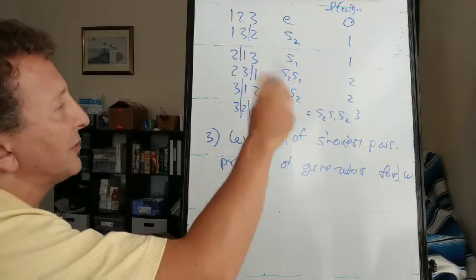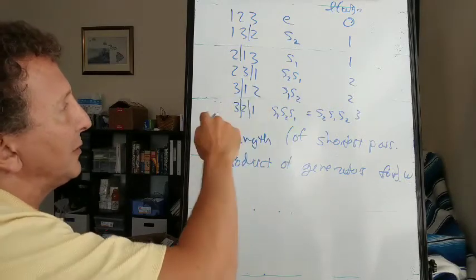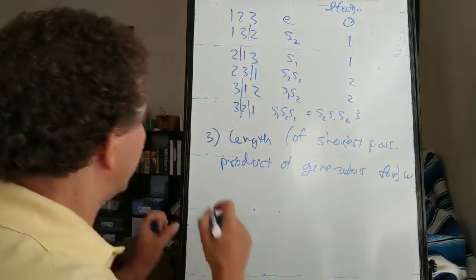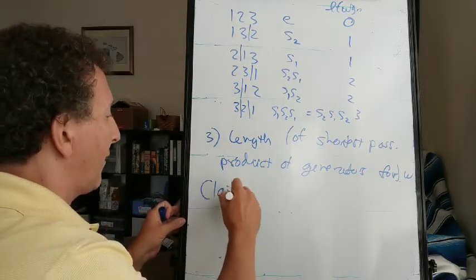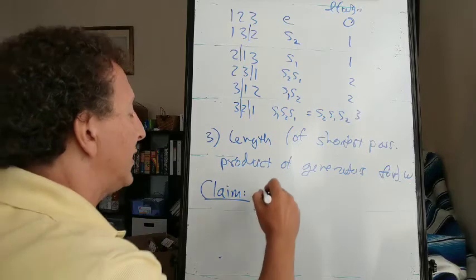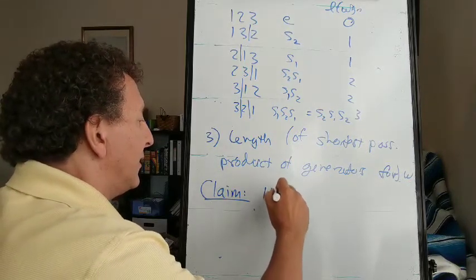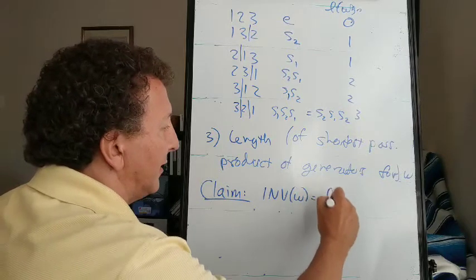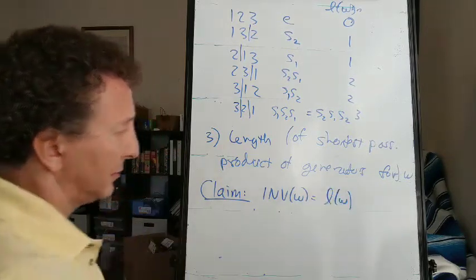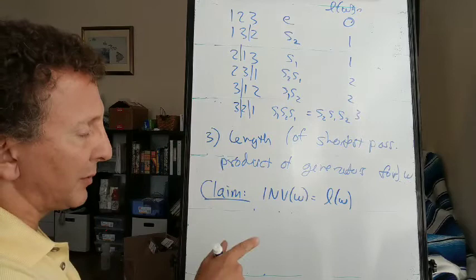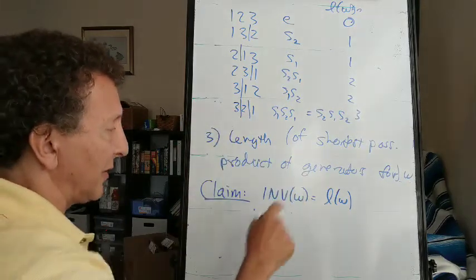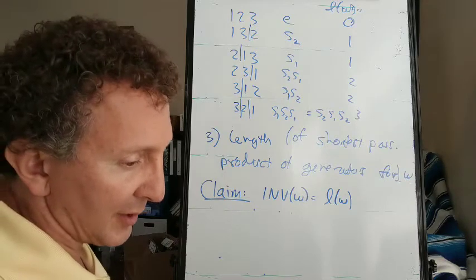And it turns out those are the same numbers we got when we computed inversions in each of these permutations. And it turns out that the number of inversions in W is always equal to the length of W. So the shortest number of generators that it takes to get a permutation is equal to the number of pairs of letters that are out of order.